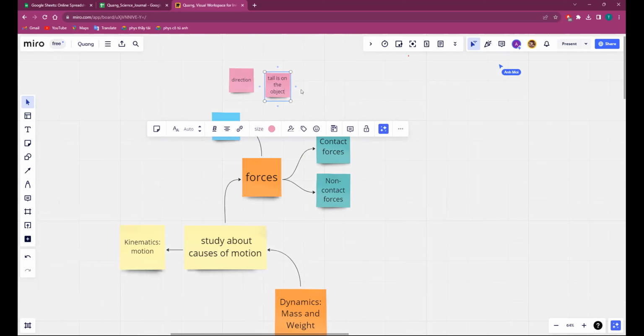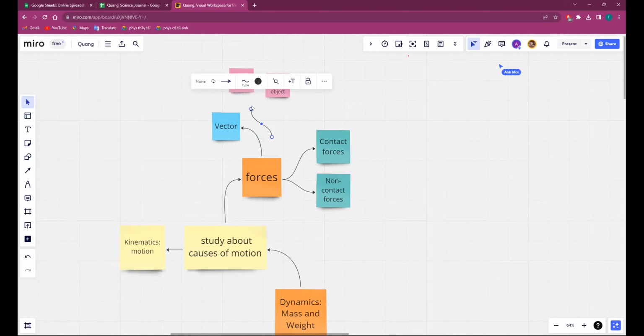Is there anything else important about a vector, not just direction?